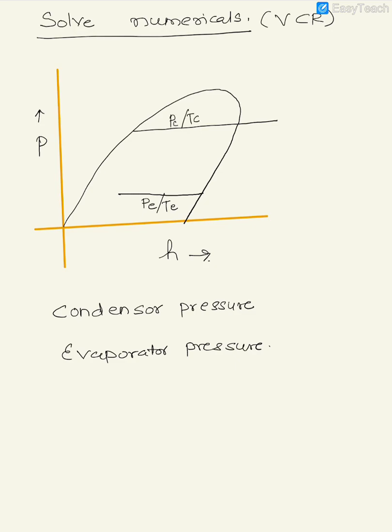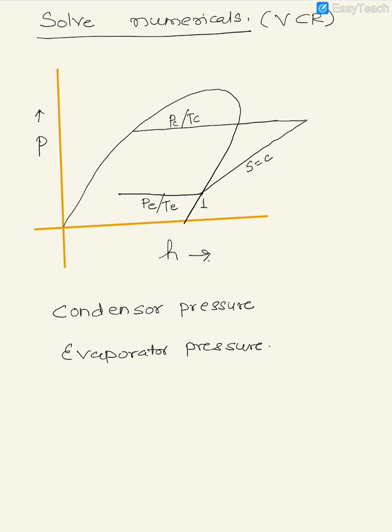Let me call the inlet to the compressor 1. You know that in the compressor, the process in the vapor compression cycle is isentropic, that is, the entropy remains constant, so S is equal to C. The pressure in the evaporator and condenser is constant, so this would be a horizontal line on a pressure enthalpy diagram.